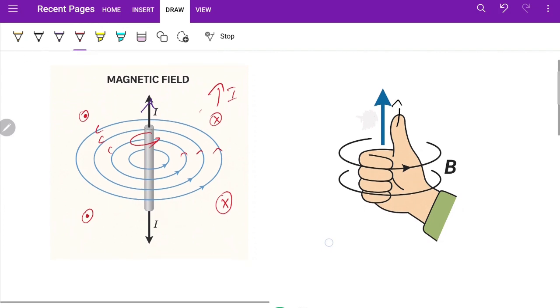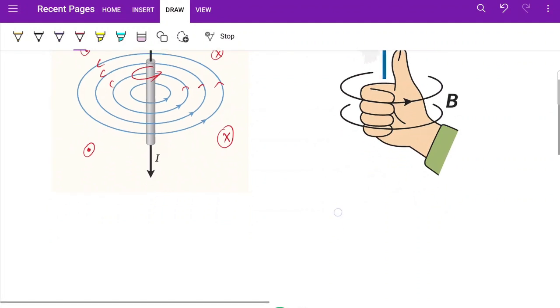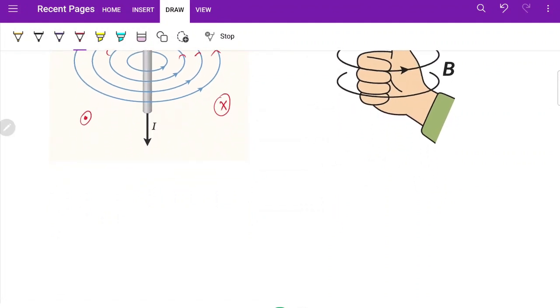Okay, now what is the expression for the magnetic field of a straight conductor? It will be given by B is equal to mu naught I by 2 pi r. What is I? The current flowing through the wire. And what is mu naught?